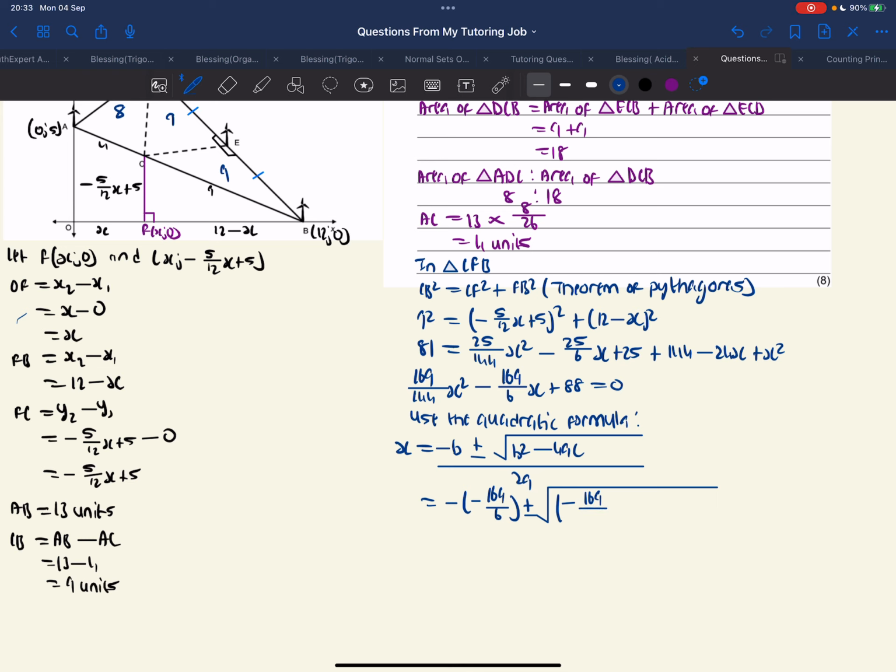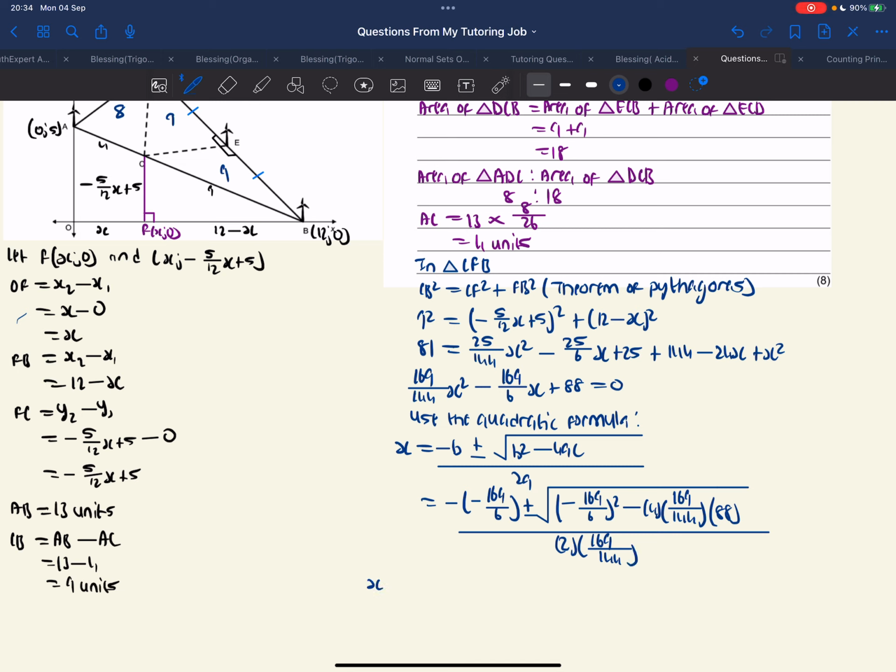of minus 169 over 6 squared minus 4 times 169 over 144 multiplied by 88. Alright, and then that is all over 2 times 169 over 144. Okay, then I'm actually going to separate my x's now.